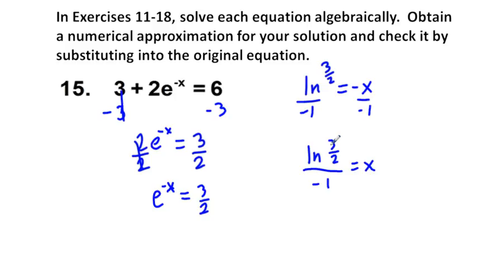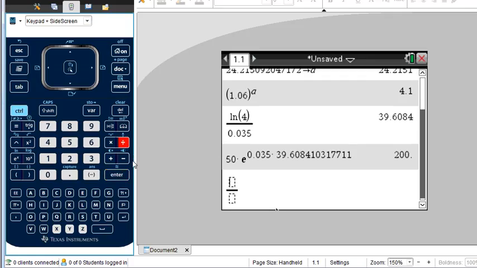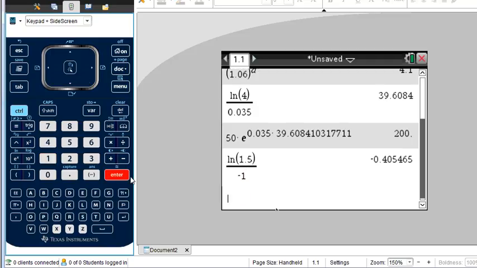So now, doing that in the calculator, we have natural logarithm of 3 over 2, I'm just going to put 1.5, divided by -1, and I get negative 0.405465.